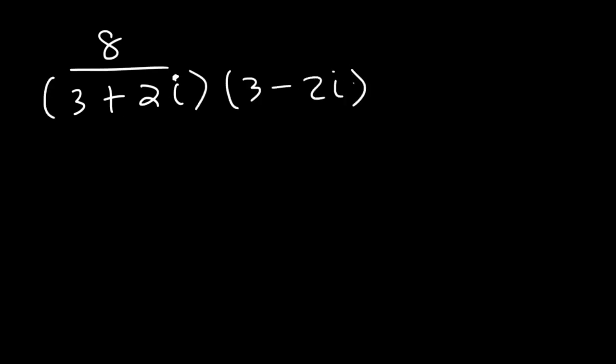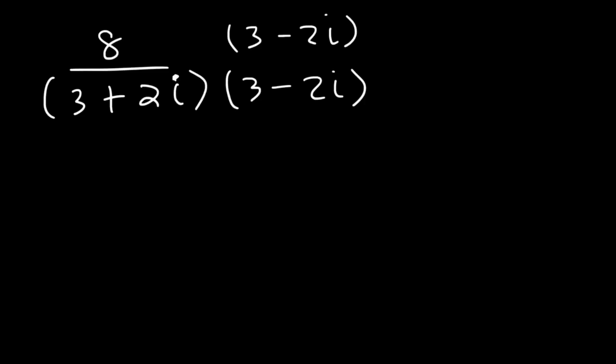The next equation will have 8 over 3 plus 2i. This one you multiply by the conjugate in order to omit the imaginary part. Then you'll have 3 minus 2i as the conjugate there.